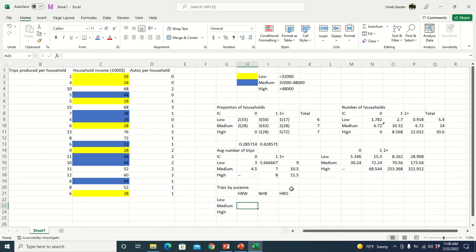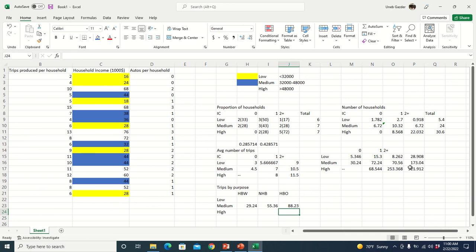So total trips 173 multiplied by 0.17 is the home based work trips from the medium income category. Then 173 again multiplied by 32% non-home based, and then 173 multiplied by the remaining, which is 51%.